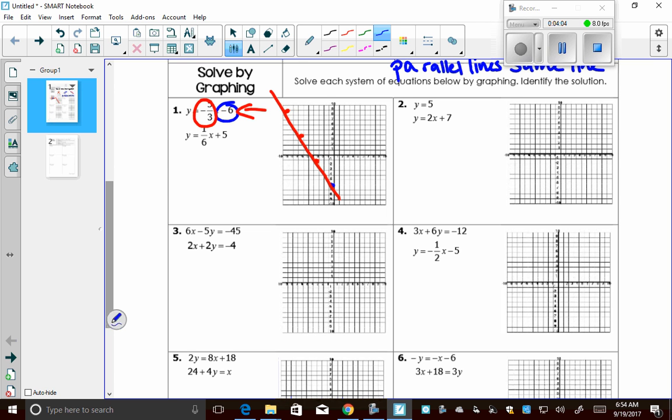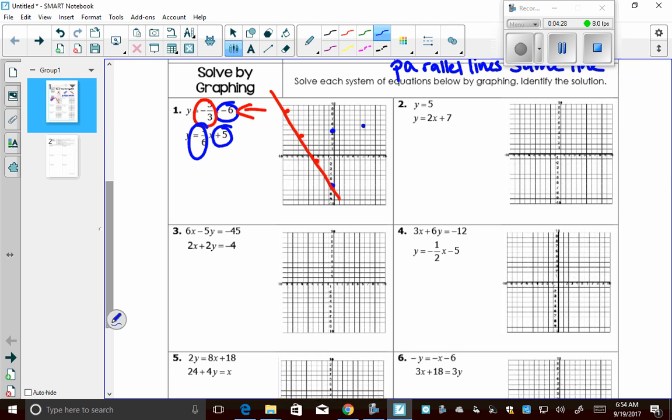To graph my other one, I'm going to start at +5, which is about right there. And then my slope is +1/6. So at the point of my y-intercept, I'm going to go up 1, right 6. 1, 2, 3, 4, 5, 6.